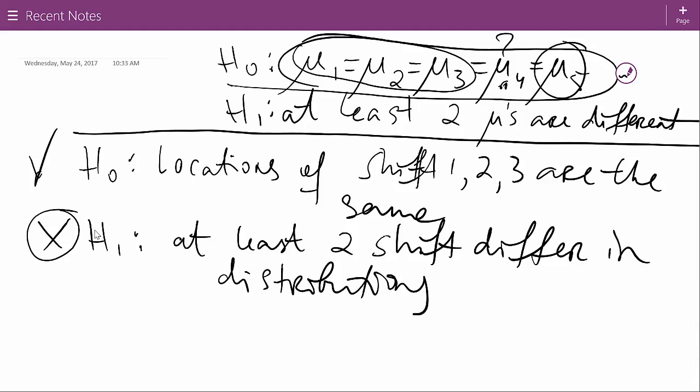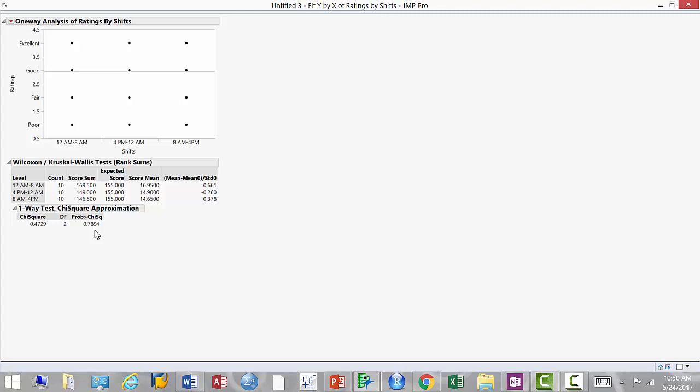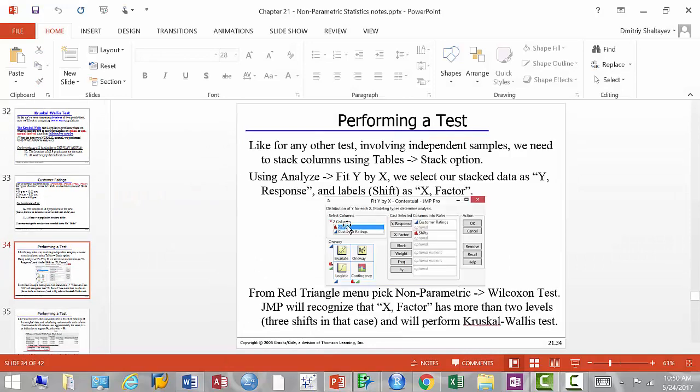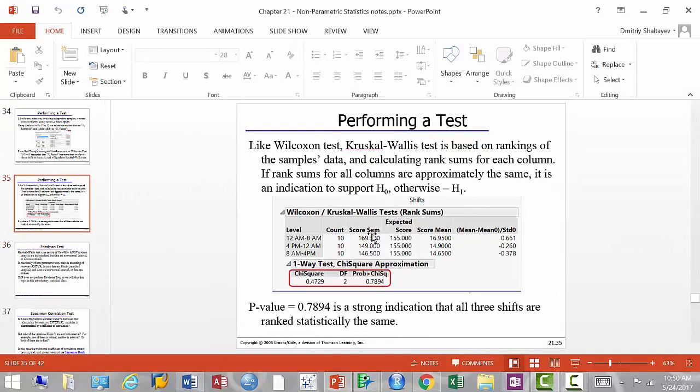Different question: am I happy with the ratings? Maybe yes, maybe no. But at least I'm consistent among the 3 shifts. Make sense? Okay, good. All these steps are described here, the Kruskal-Wallis test and the p-value. It's all part of the slides.